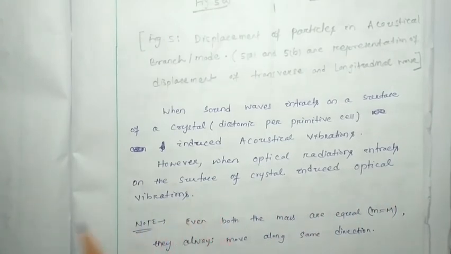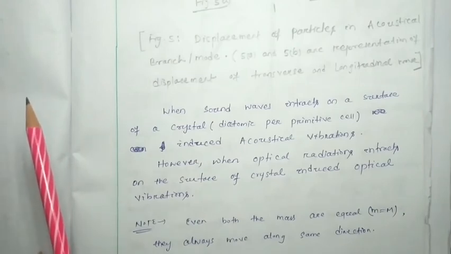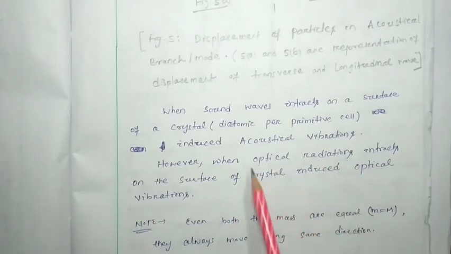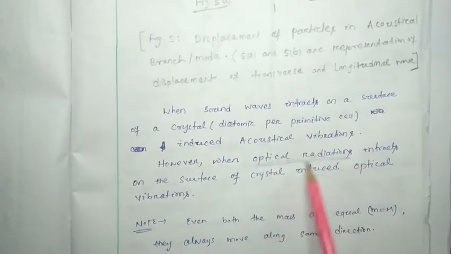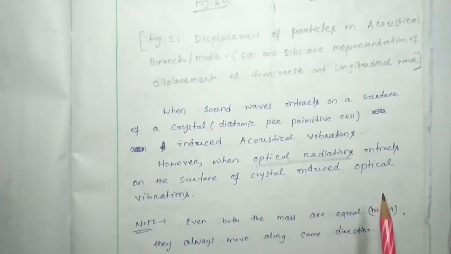So here acoustical means a sound wave is going to interact with the one dimensional diatomic crystal, and the optical branch indicates that optical radiation, meaning light radiation, is going to interact on the surface of the crystal and induce optical vibration, which is called the optical branch, or the so-called optical mode of vibration.